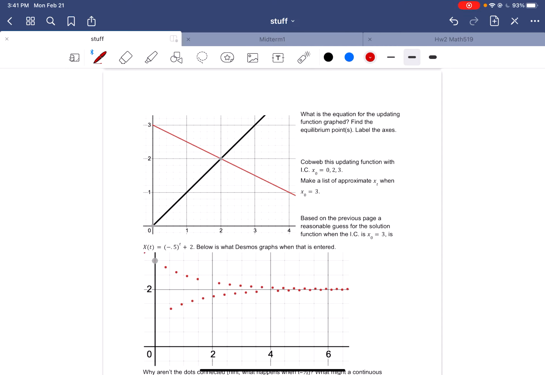Let's do the one that's plotted. Here I'm beginning at 0, 3 in my solution function, which means I want my initial condition to be 3. So I start at 3, and now I'm going to cobweb: I go vertically to my updating function, then horizontally to y equals x, then vertically to my updating function, horizontally to y equals x.